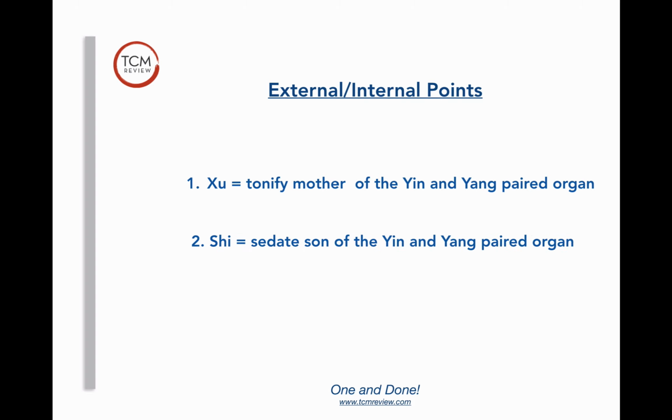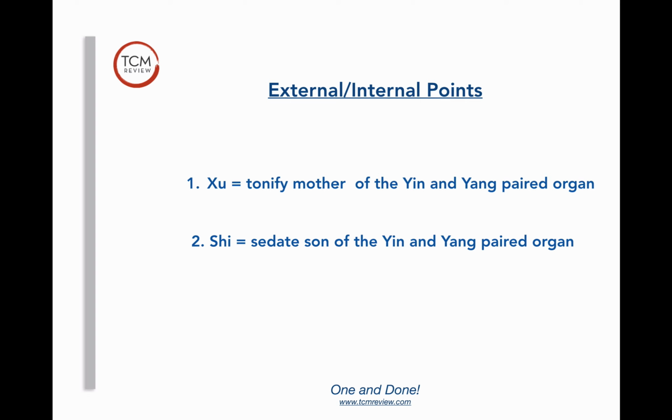Same thing for excess. If we have excess, we can sedate the son of the yin and yang paired organ. So let's say liver has excess. We can sedate the son point or the child point on the liver channel, or we can sedate the child point or son point on the gallbladder channel.